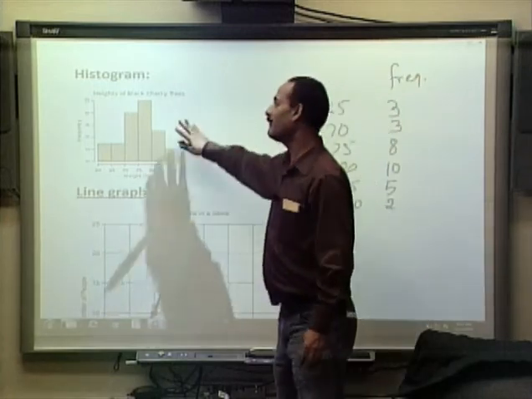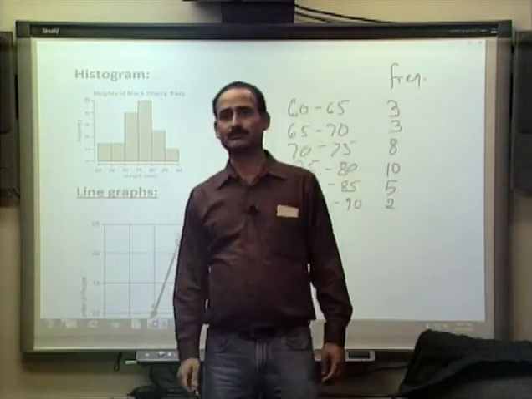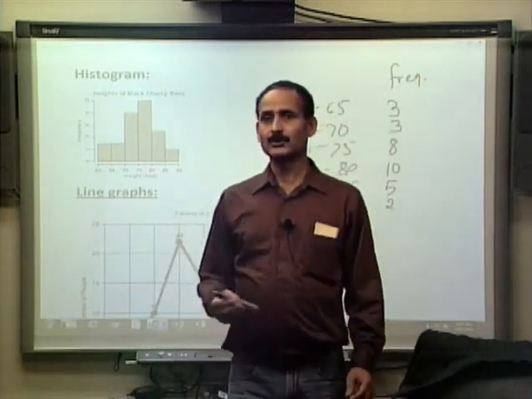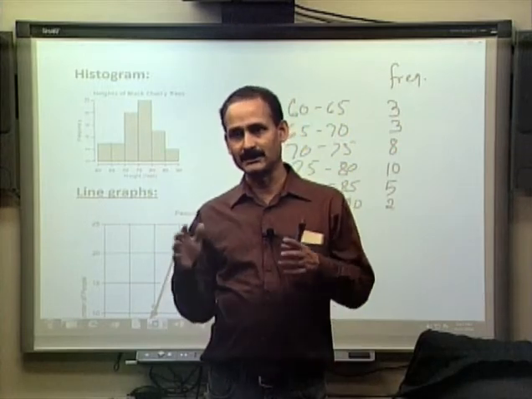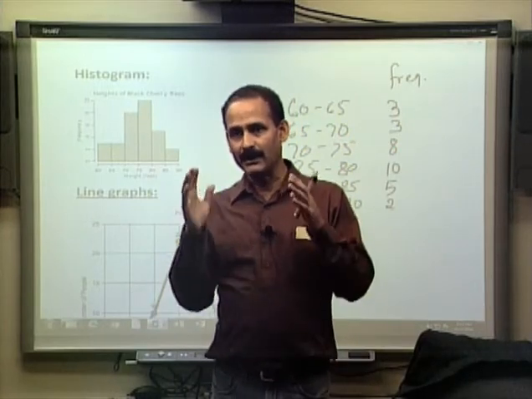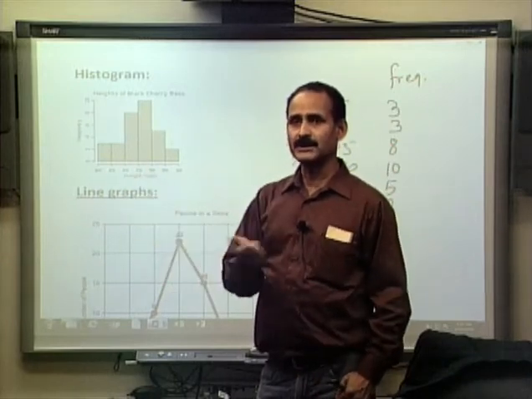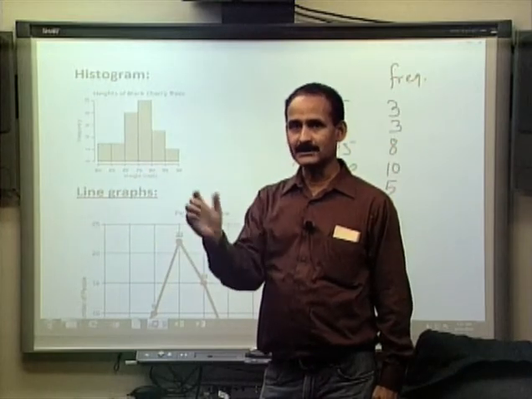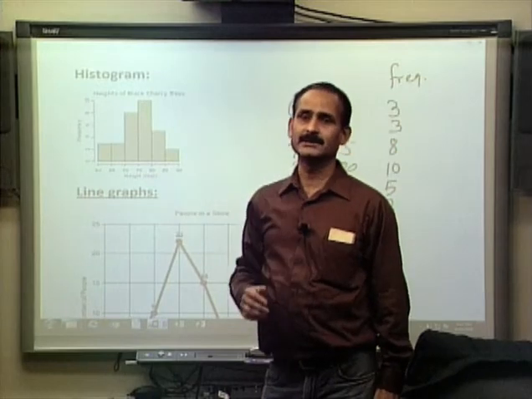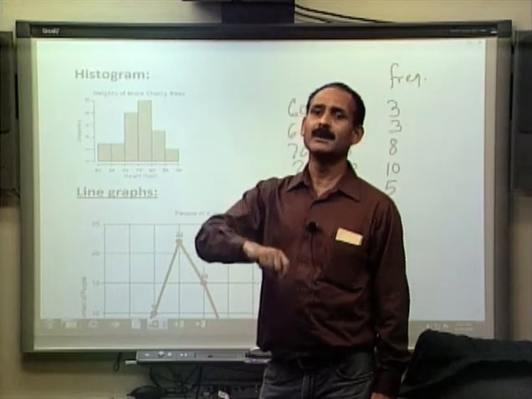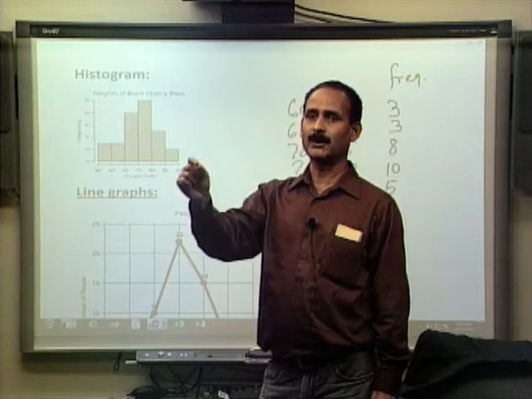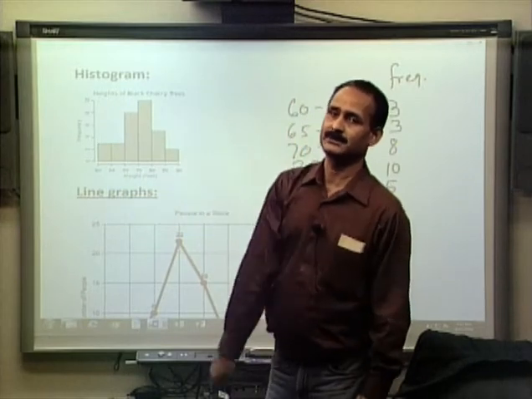So, this graph is called a histogram. A histogram basically represents data where data are grouped into various classes. The horizontal axis represents the classes and the vertical axis represents the frequency, or the count, or the number of observations in each class.